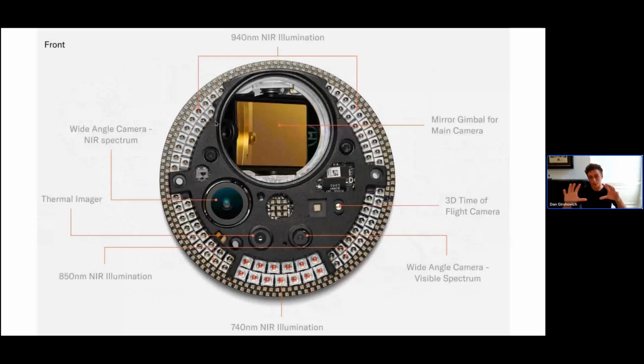Okay, so now if you're looking just at the front of the orb, if you took off the shell, this is what you'd see. Here we have a face camera that is in the near infrared. So that's just below what your eyes can see visibly. If you go even further down in the frequencies of light, you get into the range that is considered a heat camera.